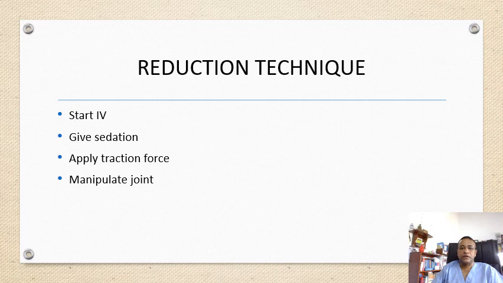Then you apply the traction. This traction, as I mentioned earlier, is gentle traction with counter traction, and you manipulate the joint with the proper maneuver, not with excessive force, with a proper understanding of the anatomy of the joint.